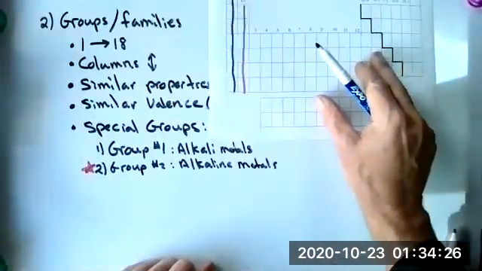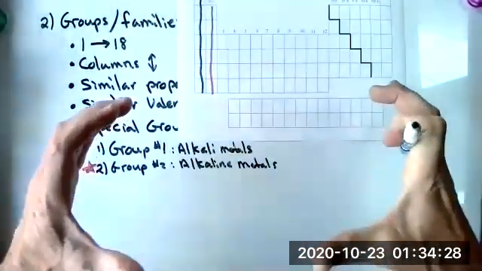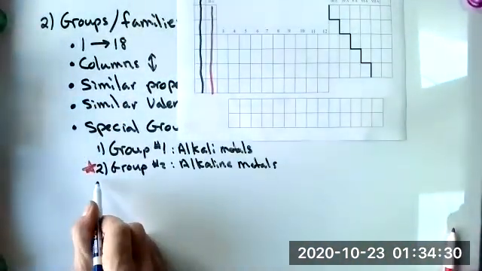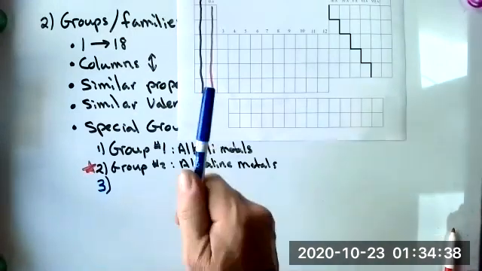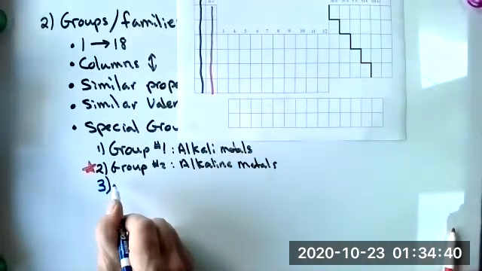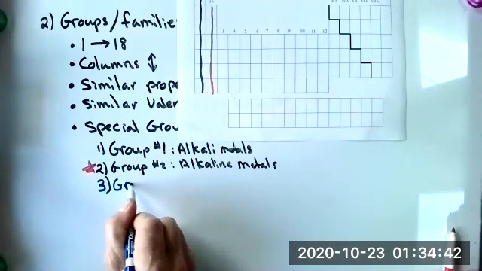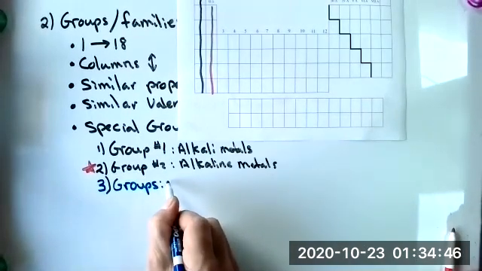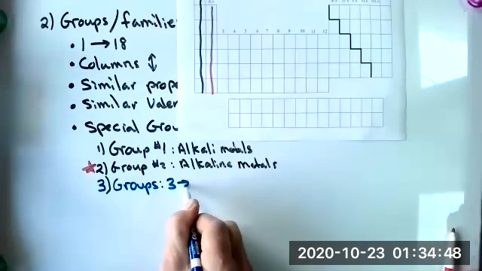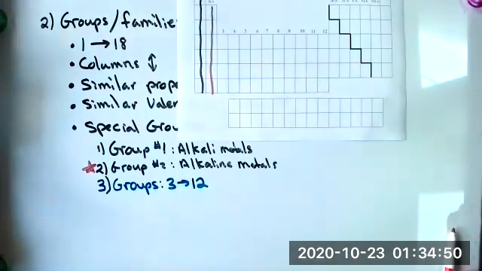Third section, or third major group, and this one's a big one. I'll even put in a different color for you. Can you even see that's blue? Maybe you can't. That's blue. All right, here, oh my gosh, look at this. Groups, hang on, 3 through 12.